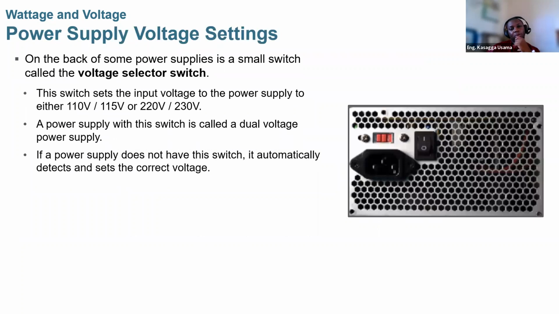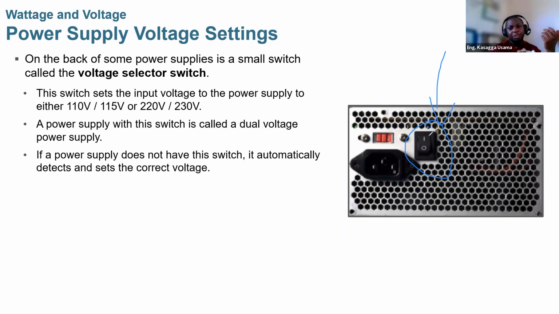On the back, sometimes they do have a switch, the switch that you see on your screen. Basically, the power supply has it, and you can trigger it to put the power supply off or on.